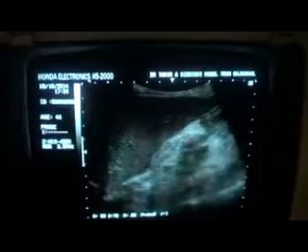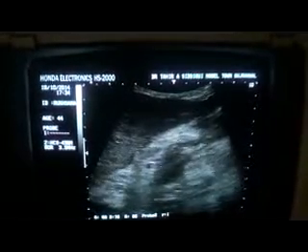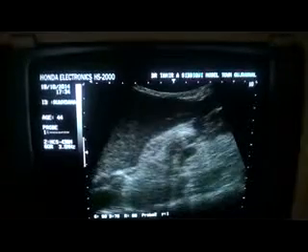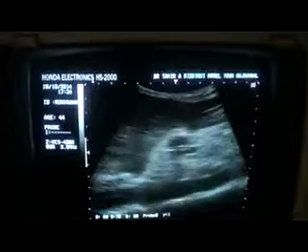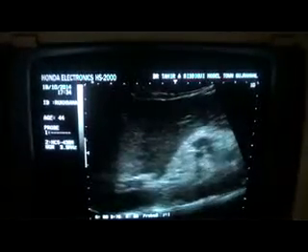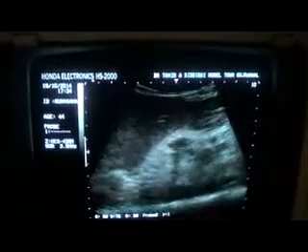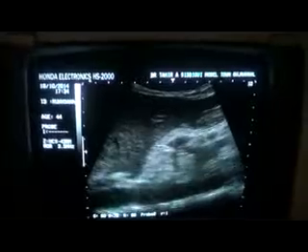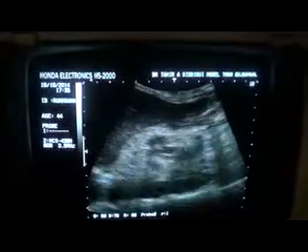Now let's see if we can study the head of the pancreas. And this is the longitudinal section in which we are seeing the aorta, and we are seeing the origin of the celiac axis. And now I wish to see the origin of the superior mesenteric artery from the aorta.